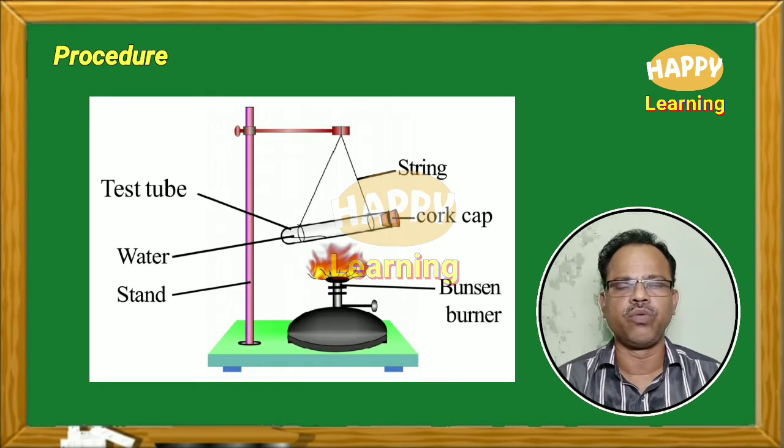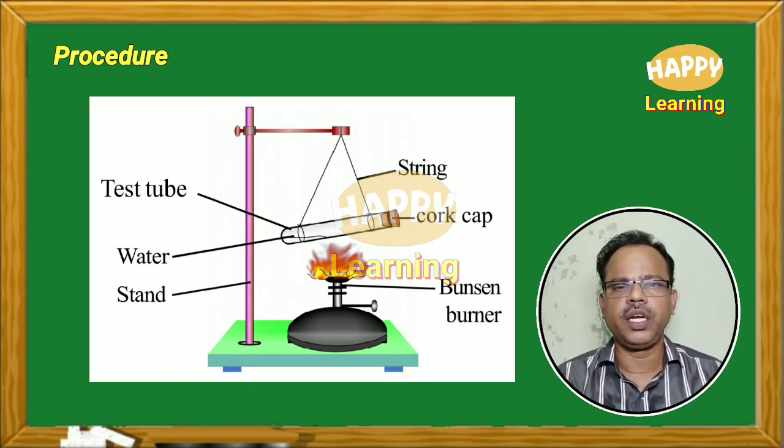Now heat the test tube with a Bunsen burner. When the water vaporizes, you notice that the cork blows out with a greater speed, and the test tube moves in the backward direction, that is opposite to the direction of the cork ejected.